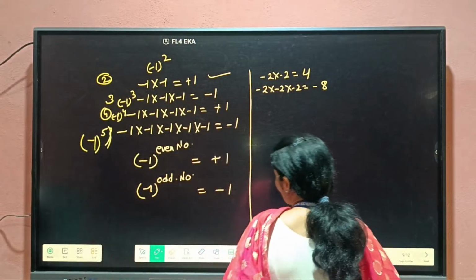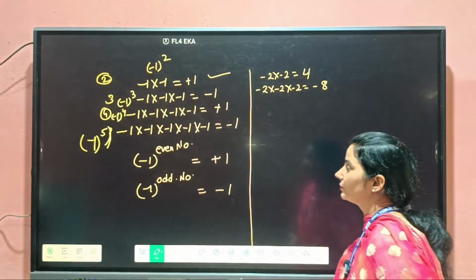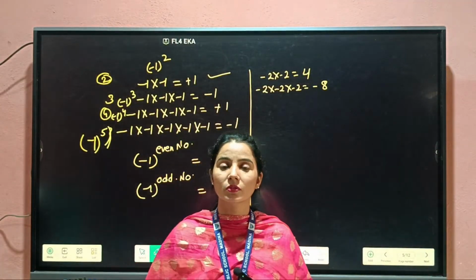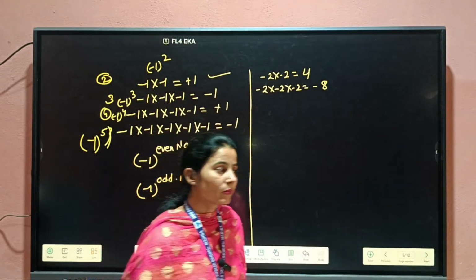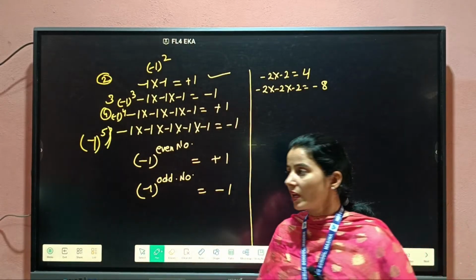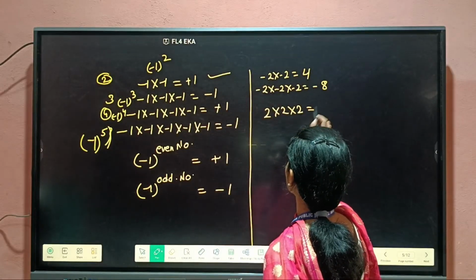Okay, now see, we want to express usual form to standard form and standard form to usual form. Usual form, simple form, what we are studying as it is, like 2 into 2 into 2.